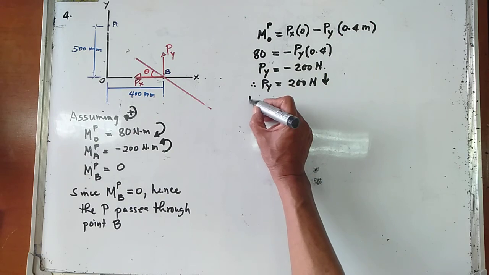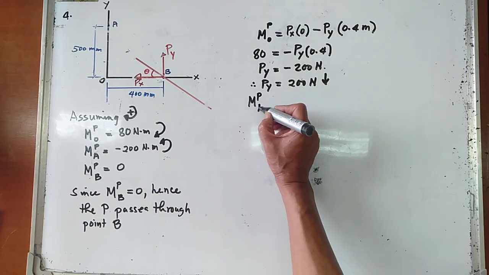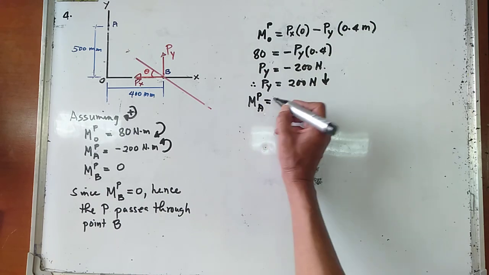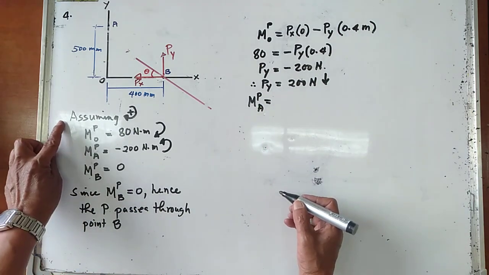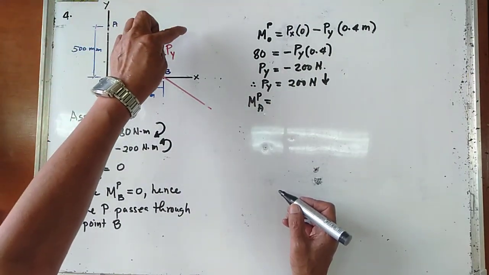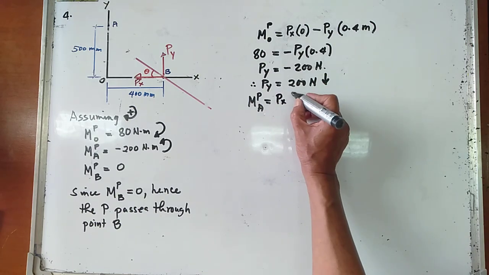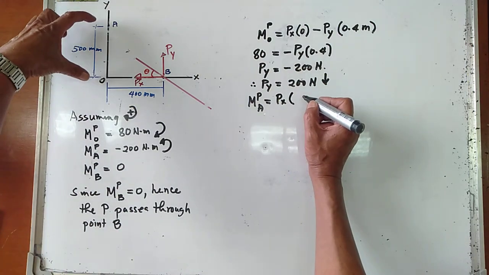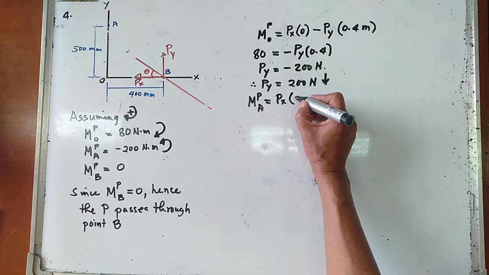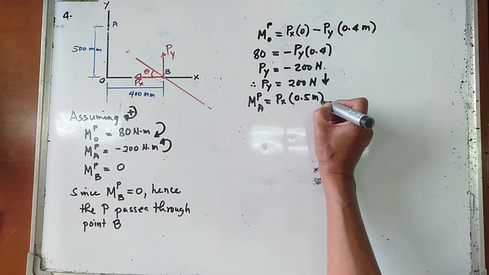Now, the moment of the force P about point A, assuming clockwise moment as positive: Px is going clockwise, so that is positive Px multiplied by 500 mm or 0.5 meters.